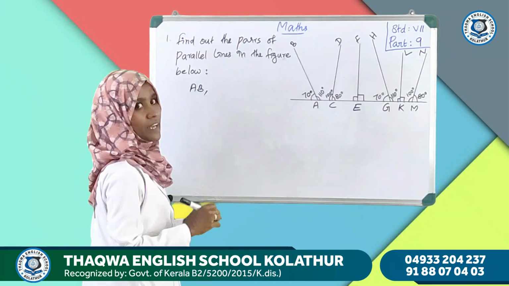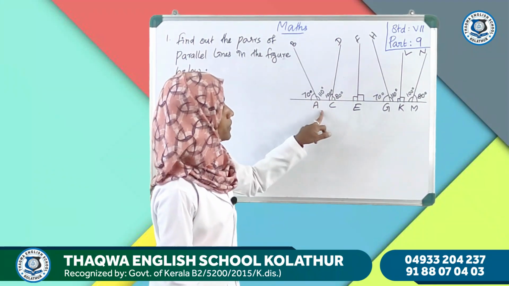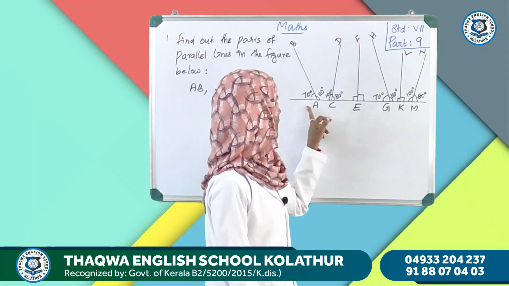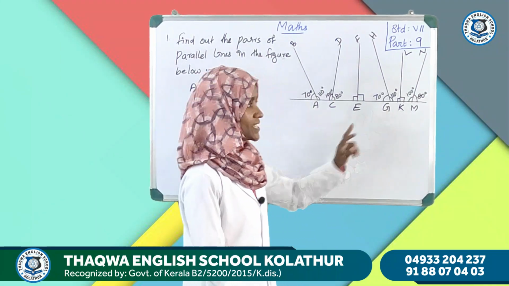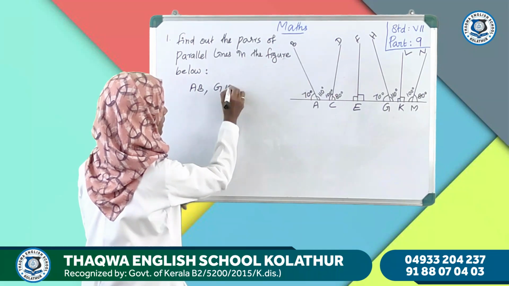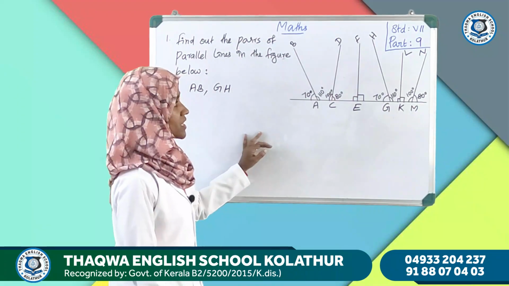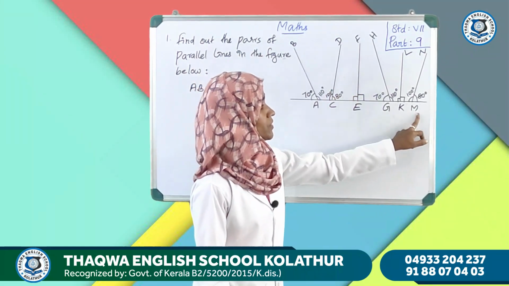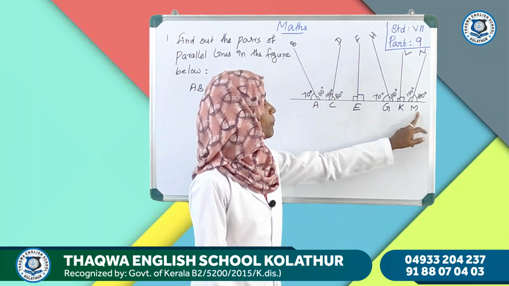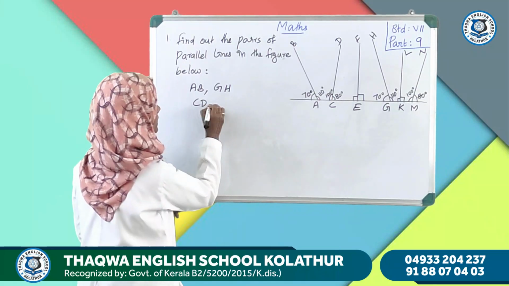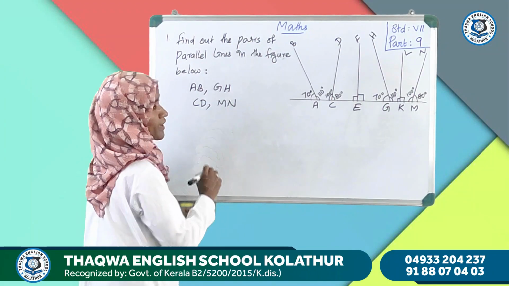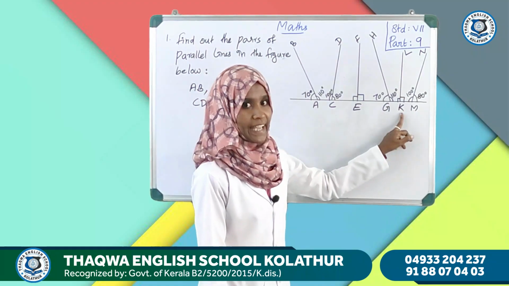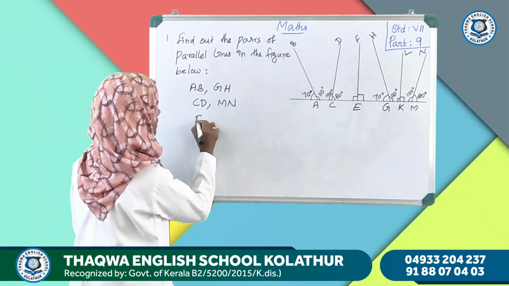AB and GH, one pair. Next, CD and MN. Next pair, EF and KL.